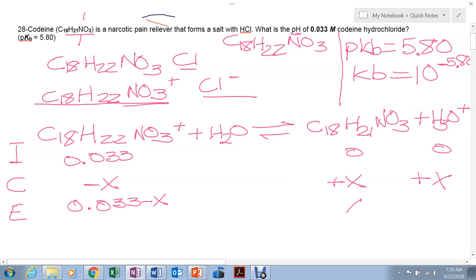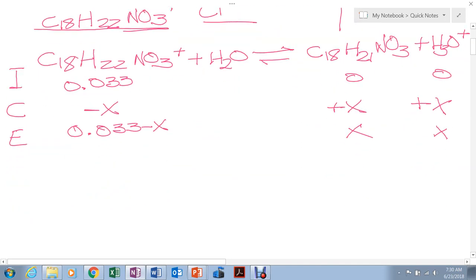X and x. So the Kb would be, like I said, given 1.6. Remember, the codeine is a base, but we want the Ka because this is the reaction of the conjugate acid. So remember, this is a conjugate acid, so we need the Ka.